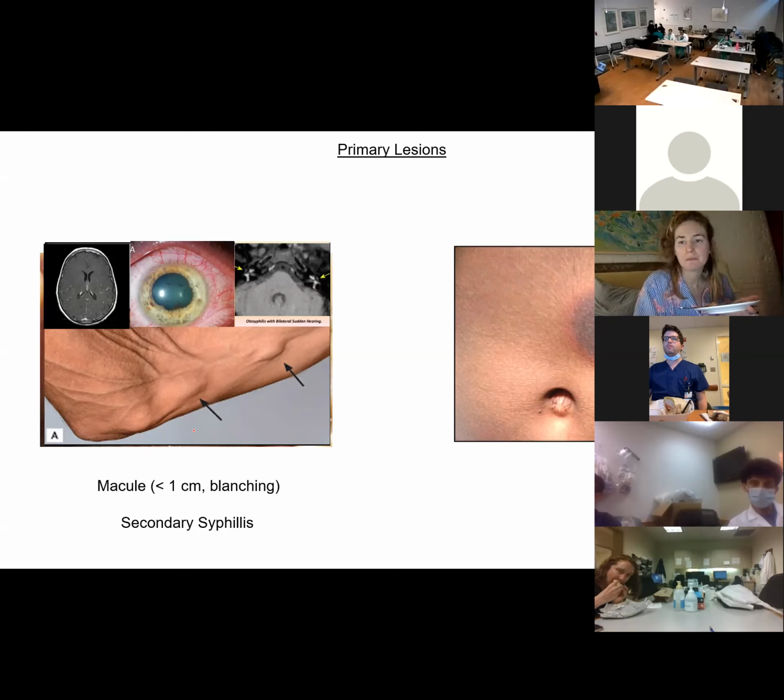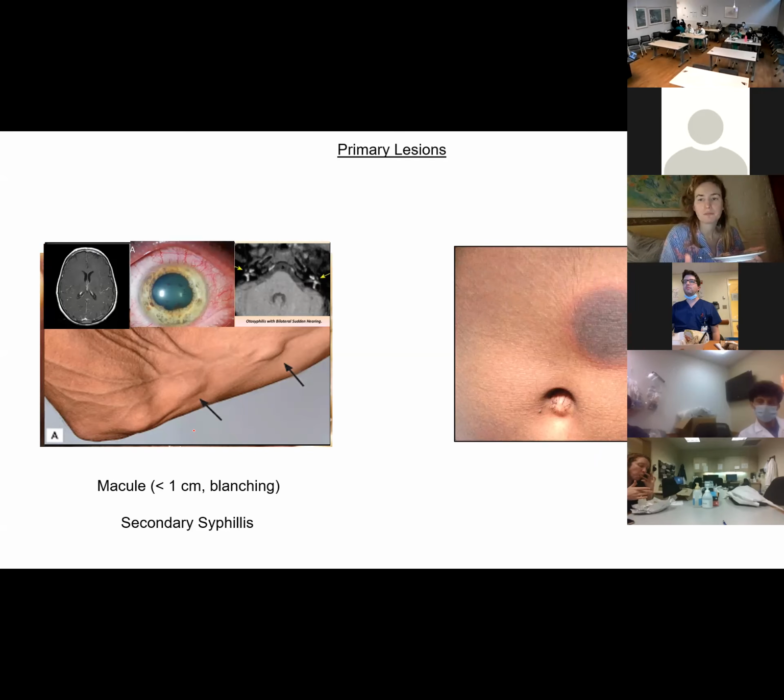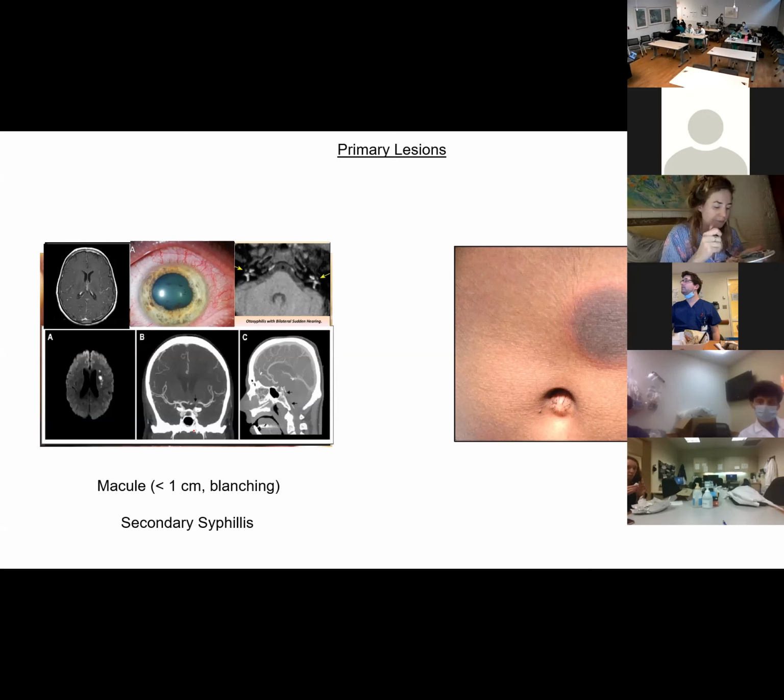Otosyphilis, so people may come in even with hearing loss and dizziness. And the thing that you really, really look out for, especially in HIV patients, and there's a big prevalence of syphilis in HIV patients, is going to be meningovascular syphilis, when syphilis actually causes vascular inflammation and can lead to stroke and permanent disability.